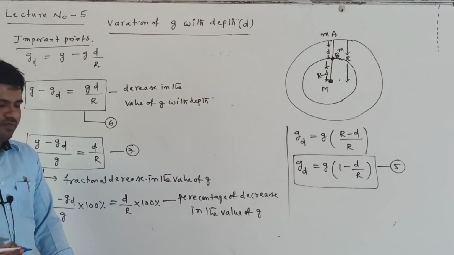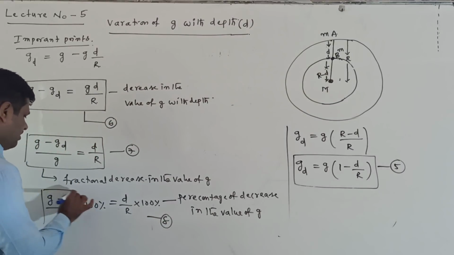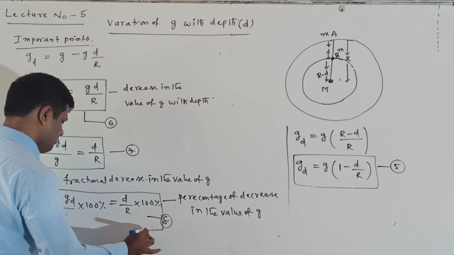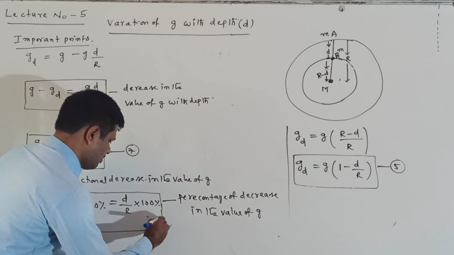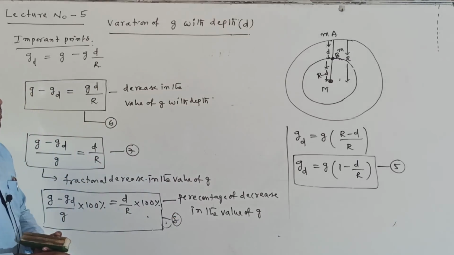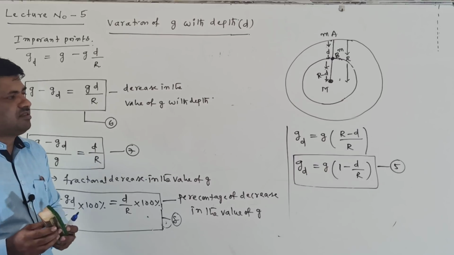This is with depth, right? This is given as equation number 8. These are very, very important formulas for competitive examinations. This is called the variation of g with depth.